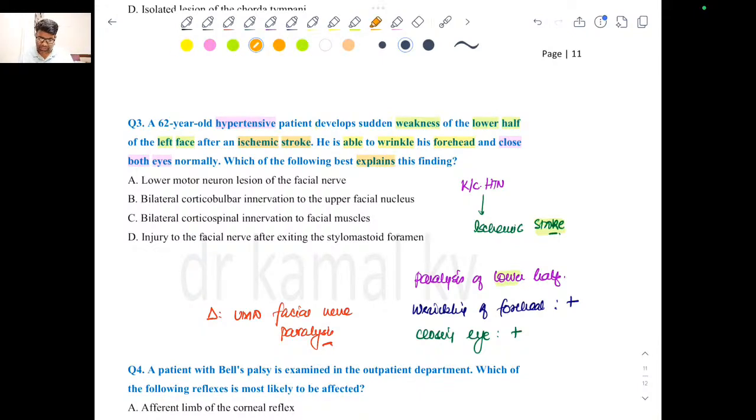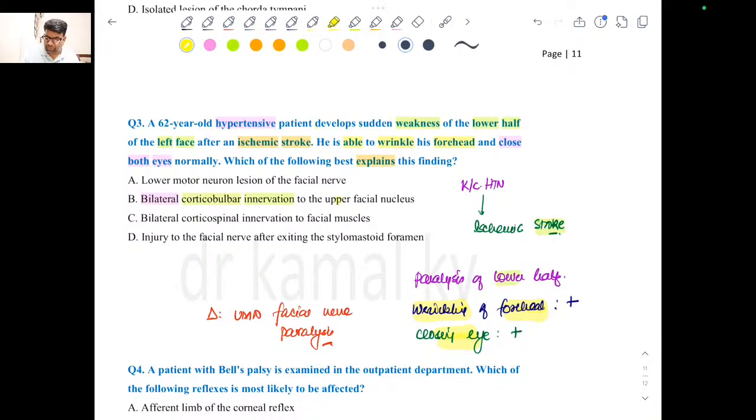Now, what the question is asking you is why the patient is able to wrinkle the forehead or close the eyes, although there is facial nerve upper motor neuron paralysis. We discussed that the forehead is getting bilateral corticobulbar innervation, right?